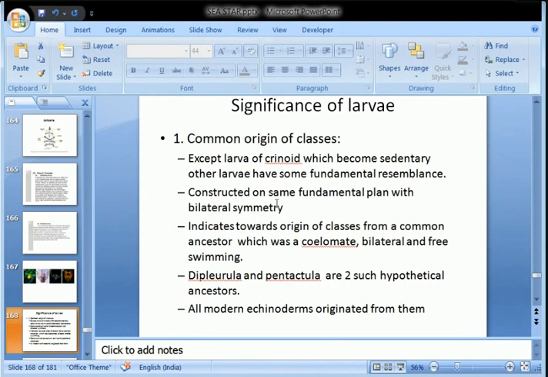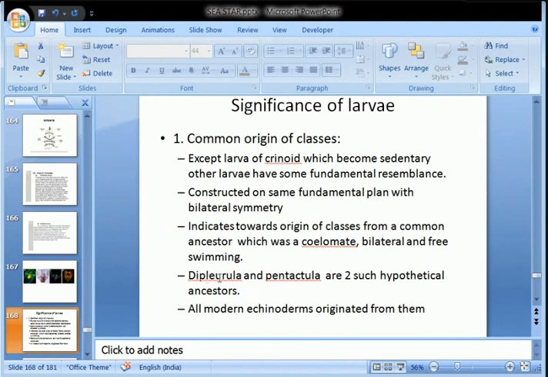Construction, they are constructed on the same fundamental plan, having bilateral symmetry. Now we are talking about all these larval forms, that is bipinnaria, brachiolaria, oviopluteus, echinopluteus, doliolaria, etc. So that indicates towards the origin of classes from a common ancestor, which was coelomate, bilateral, and free swimming.